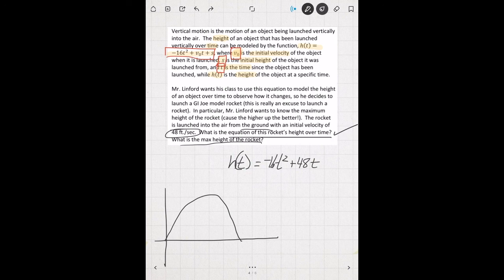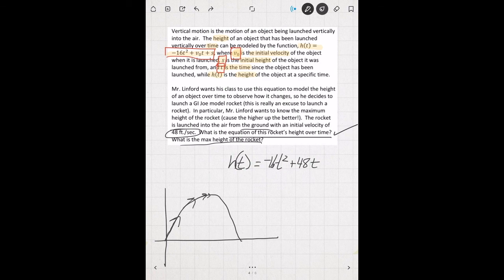Over time, the rocket starts by going up pretty quickly, and then it starts to slow down, and then once it reaches the top of its height, it starts to come back down. And it slowly, over time, will start decreasing, and then it'll really pick up speed, right? So when the rocket gets way up in the air, it slowly starts coming back down, but then it picks up speed, and it rapidly comes back down really fast.